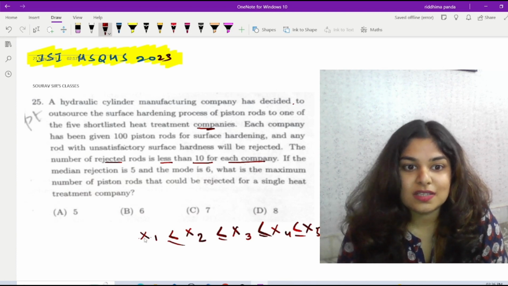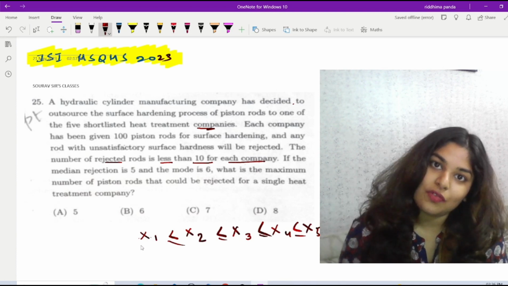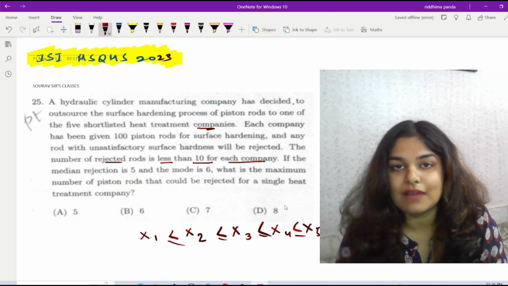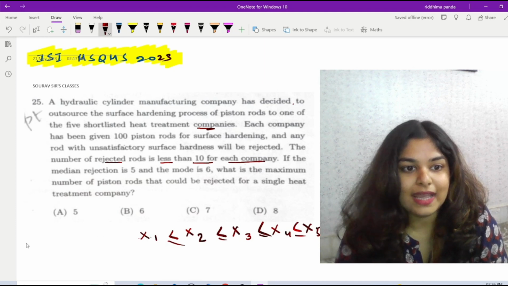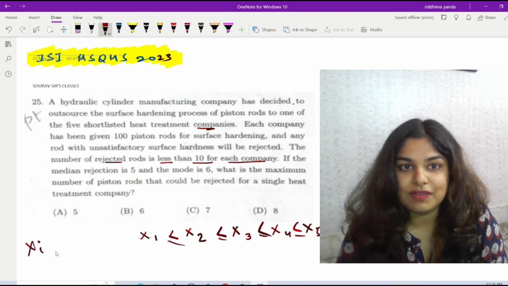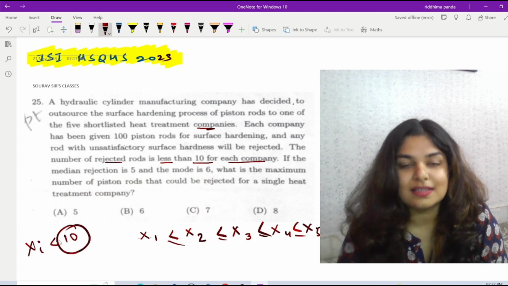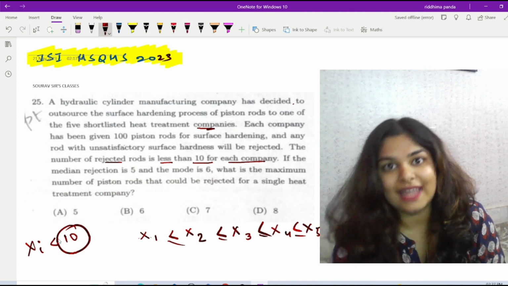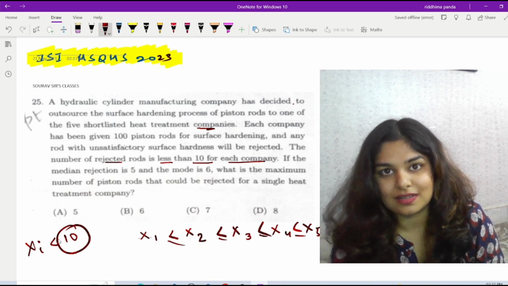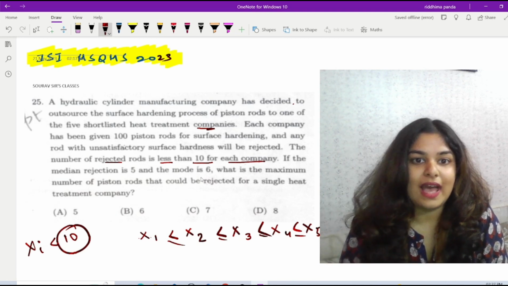That is, x1 company will have the least number of rejections and x5 will have the most. Now here for every company xi, the number of rejections is less than 10. That is, one company can reject 1, 2, 3 up to 9 but not 10.